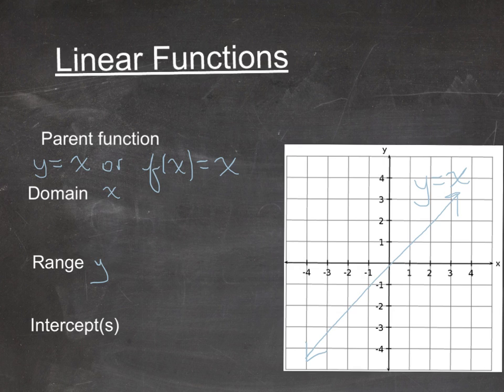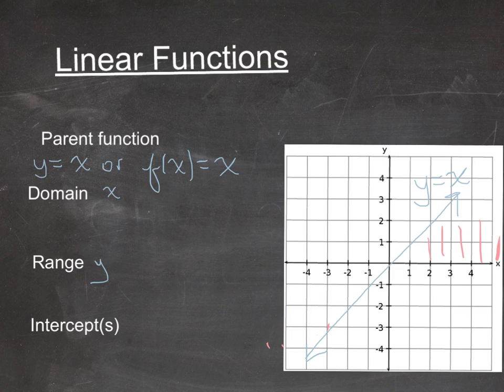Here, if I look at the graph of y equals x, the domain is, if I think about the x-axis, how far can my graph stretch along the x-axis? If I were to draw a line from my graph anywhere up or down to the x-axis, how far could I keep doing that in either direction?